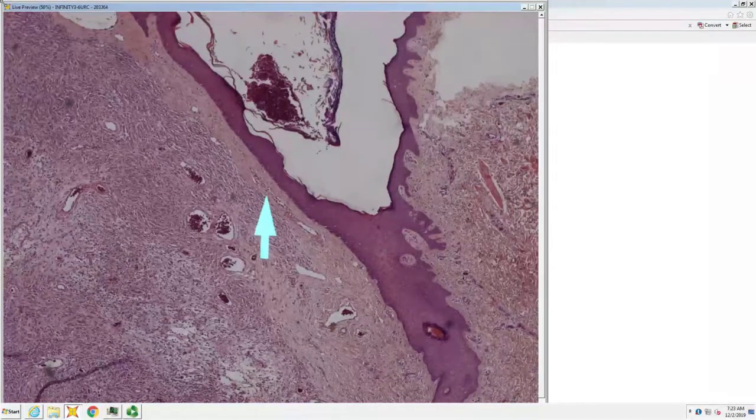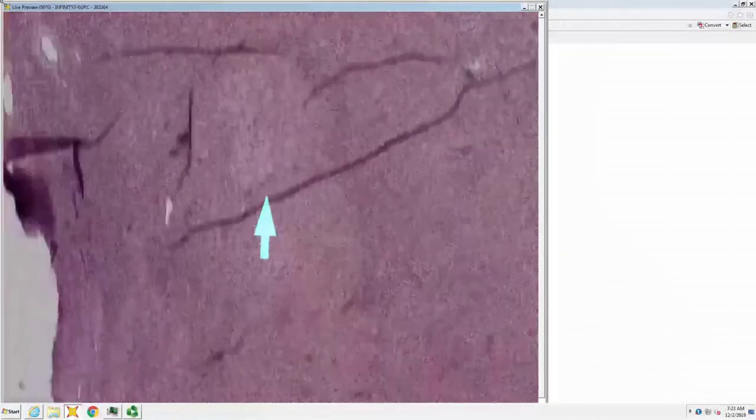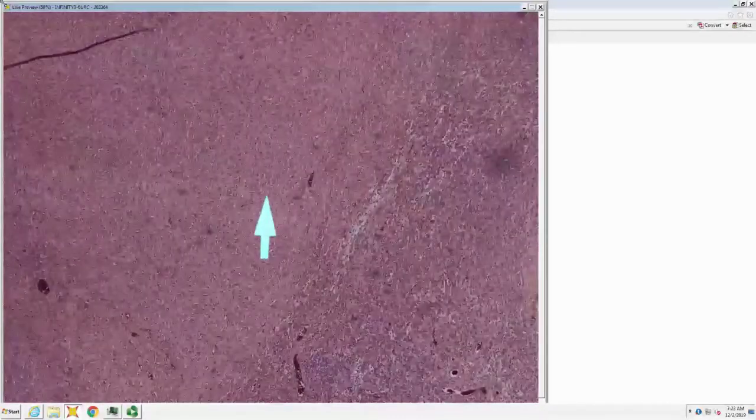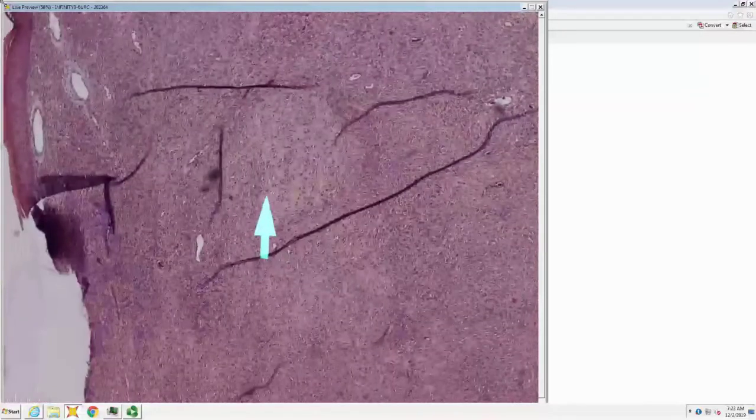Yes, it is as thick as the bottom of the rete pegs would be. So it's a plate-like acanthosis, which tends to be characteristic of? It's not coming to me. So acanthosis over a fibrous tumor, just a DF. Oh, dermatofibroma, okay, yeah.